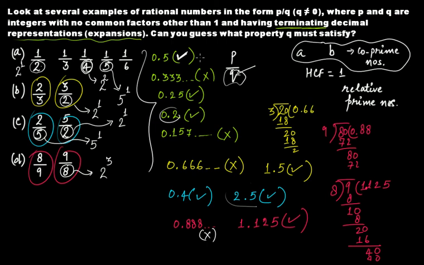So this is a property that you have to remember: if you are taking a pair of co-prime numbers and you want its quotient to be a terminating decimal expansion, then the denominator has to be either a power of 2 or a power of 5.